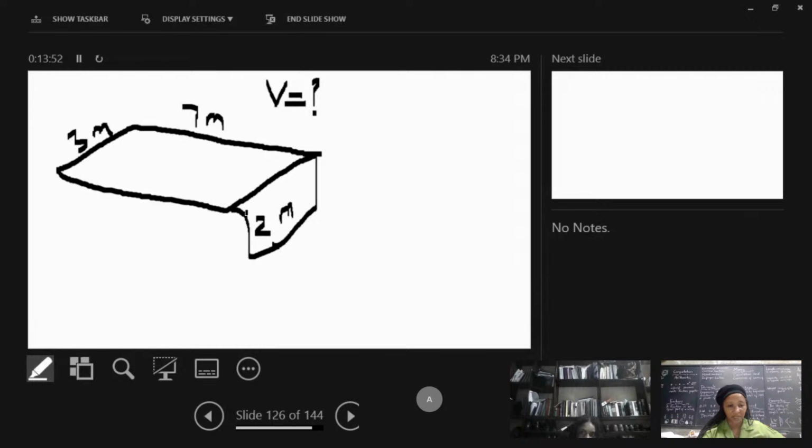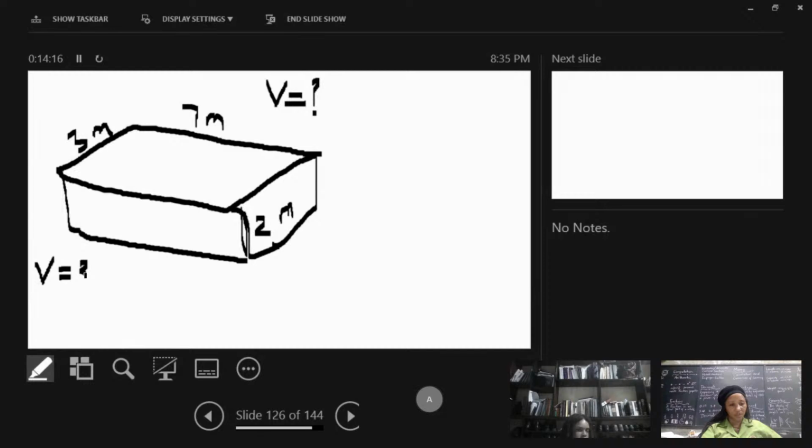So that's the height, 2 meters. What's the volume? The volume would be 3 times 7 times 2. The length is 7, the width is 3, so 21, times the height, which is 2.